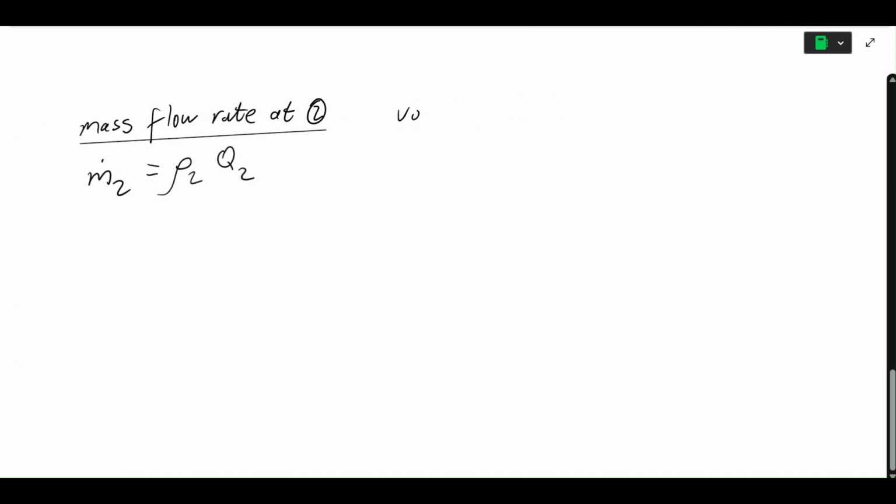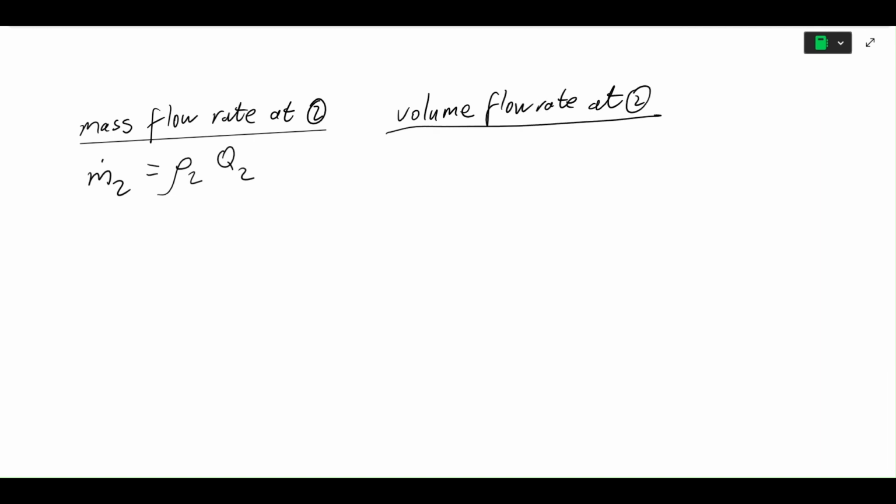So before we work that out, volume flow rate at 2. So Q2 is equal to U2 A2. Now A2 is just equal to pi on 4 d squared, pi on 4 d2 squared.